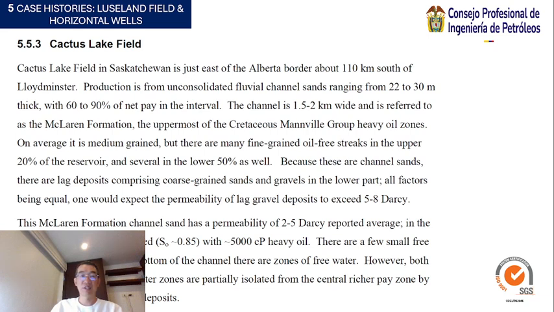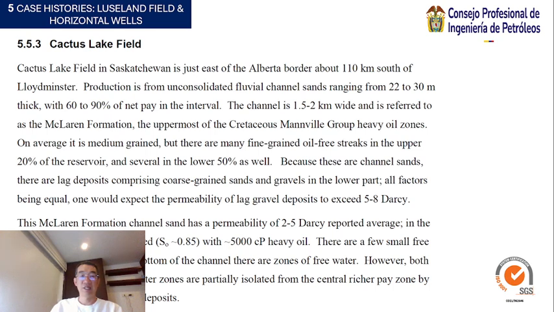All factors being equal, one would expect the permeability of lag gravel deposits to exceed 5 to 8 darcies. This McLaren Formation channel sand has a permeability of 2 to 5 darcies reported average in the pay zone.